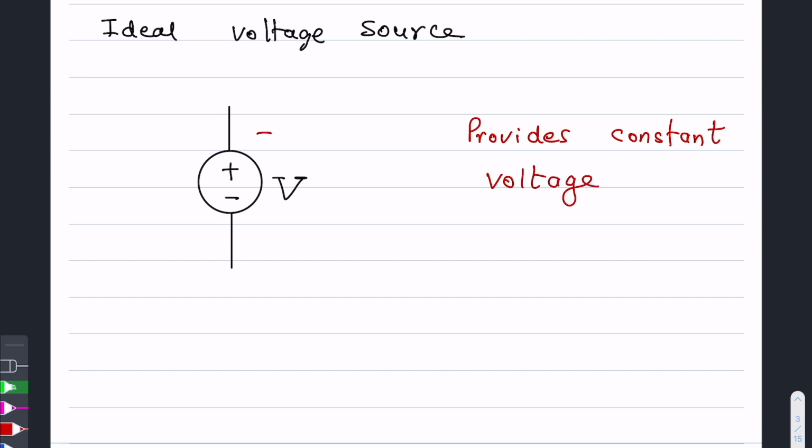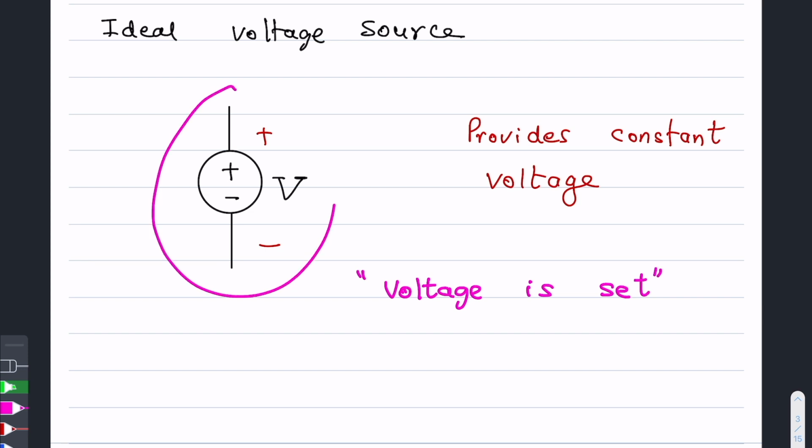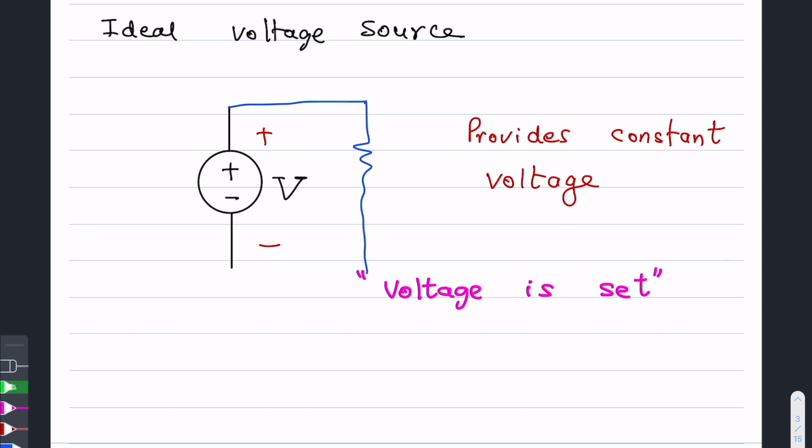Across the terminals, voltage across the terminals is constant. You can almost think of it as the voltage is set by this device in this circuit. Okay. On the other hand, if you look at the current, that is not constant, that is not defined.